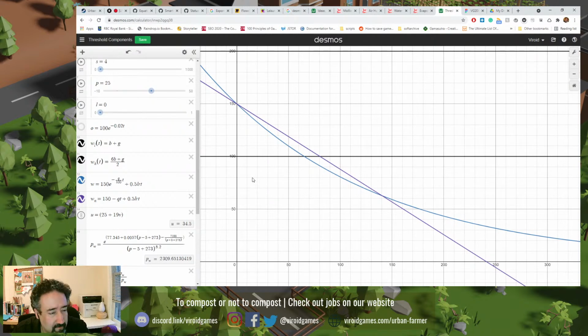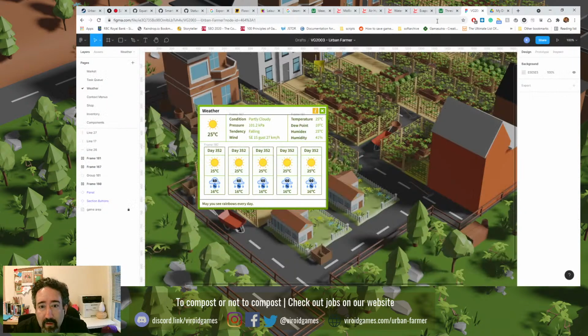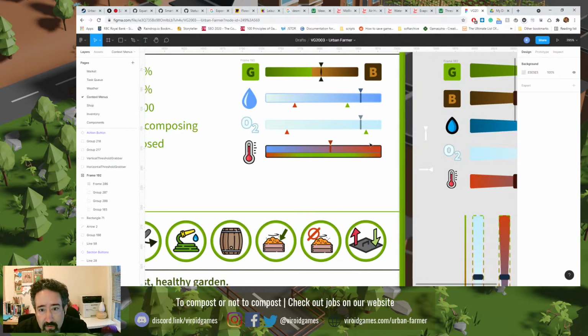Just to recap, we now have a minimum and maximum, or low and high threshold. Assuming this is the water, this display is also here too, though we didn't actually replicate it.